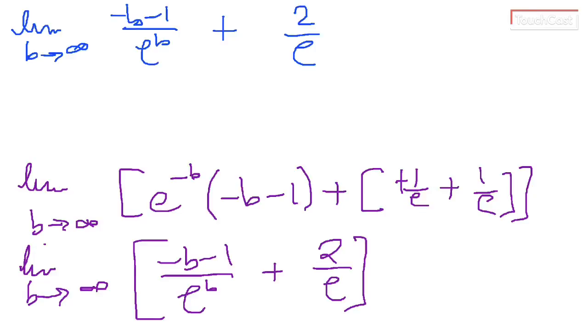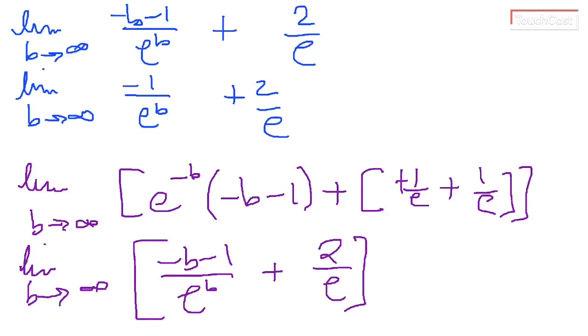If you try substituting infinity for b, you're going to get negative infinity over positive infinity. So feel free to use L'Hopital's rule here. It's going to be the same as the limit as b goes to infinity of the derivative of negative b minus 1, that's negative 1, over the derivative of e to the b, which is e to the b.